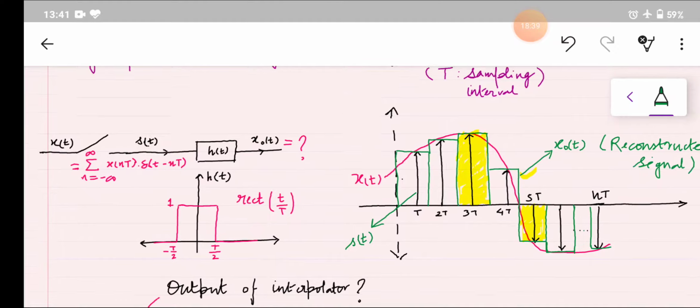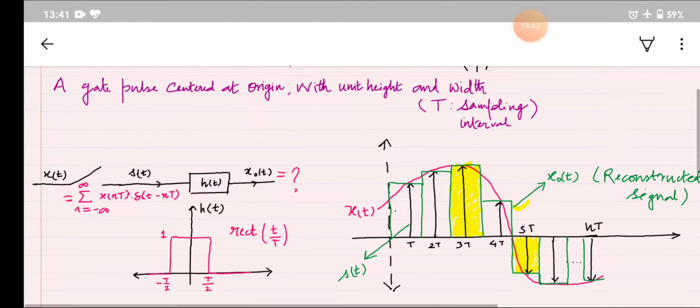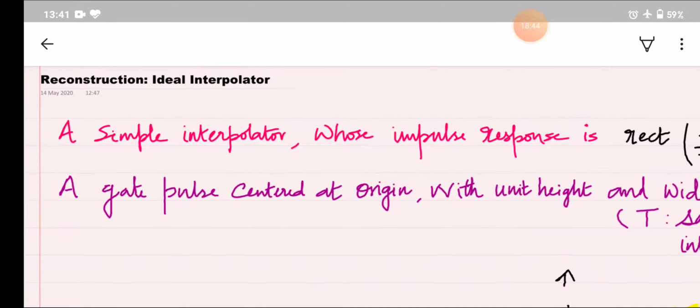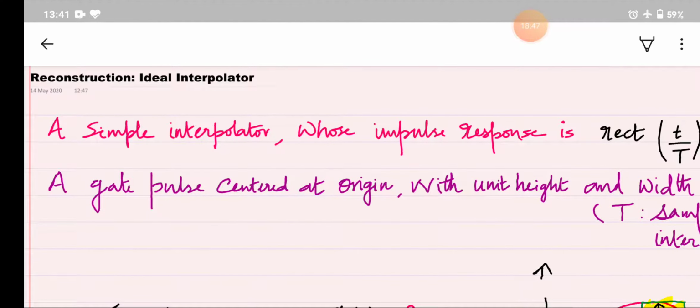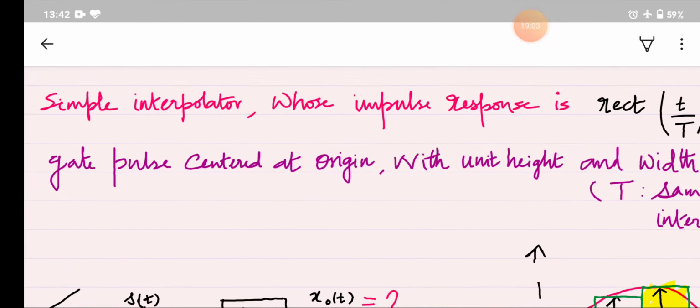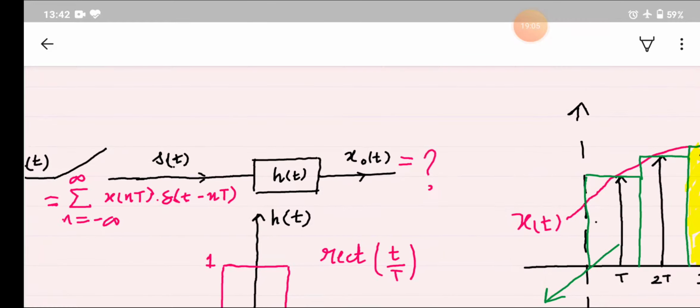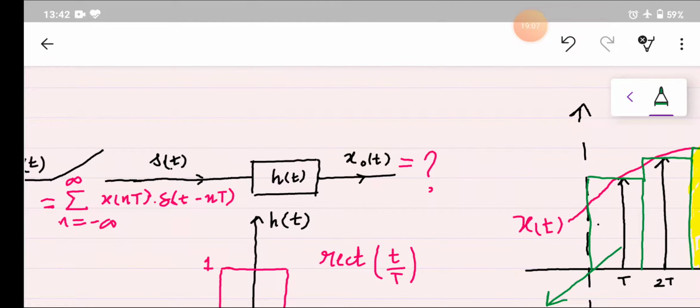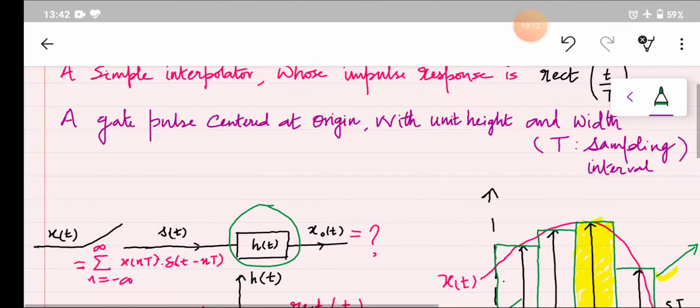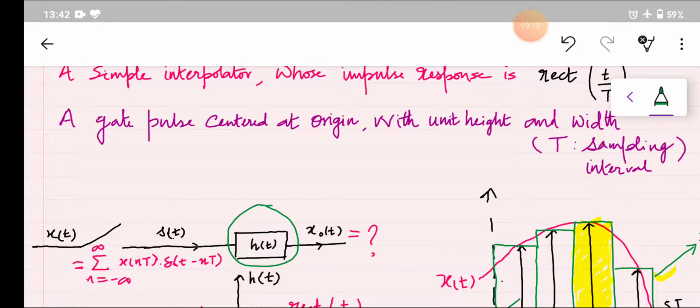So let us quickly see what we have learned today. We are learning about reconstruction using an ideal interpolator, an interpolator which has an impulse response that is rectangular t by capital T. So an interpolator represented here by ht has an impulse response as this value.